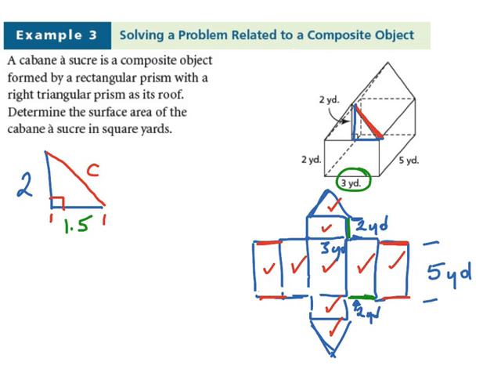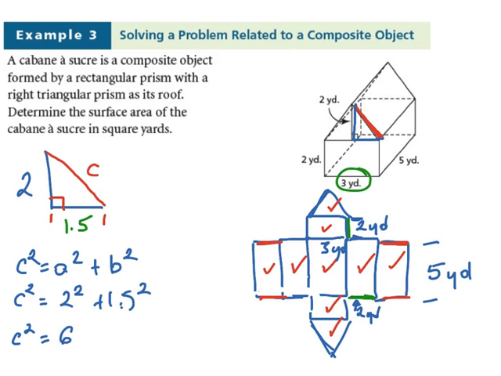So c squared is equal to a squared plus b squared, and we'll just plug it in. c squared is equal to 2 squared plus 1.5 squared. Therefore, c squared is equal to, if we combine this, 6.25. Then we have to square root both sides, cancel out the square.